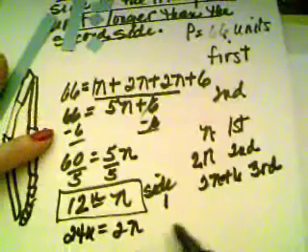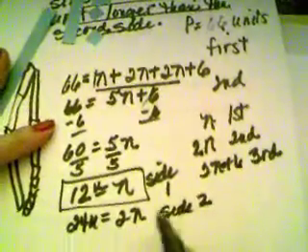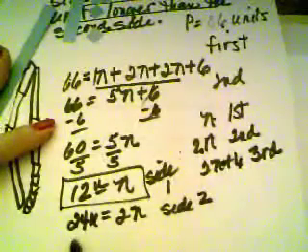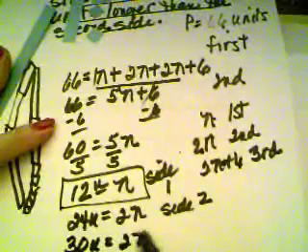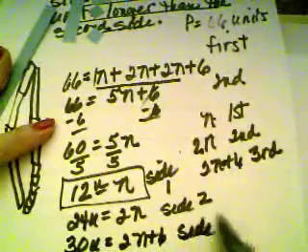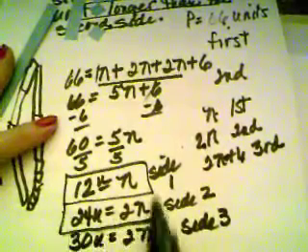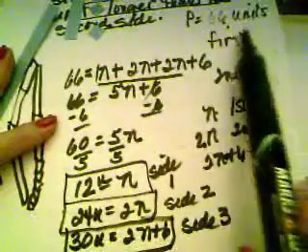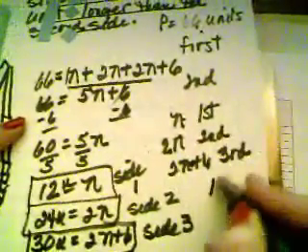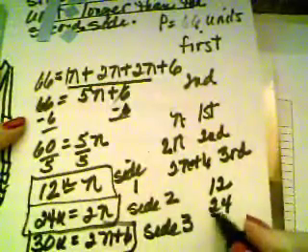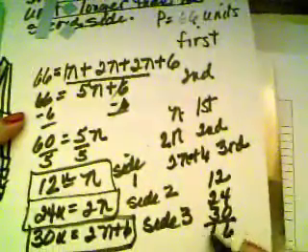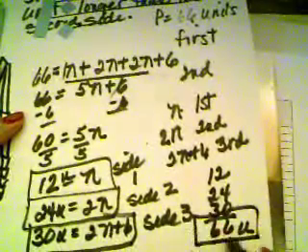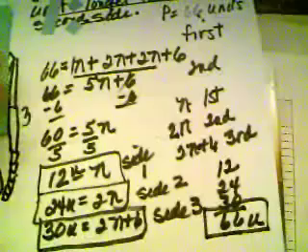And then 2n plus 6, which would be 30 units, would be side 3. Now we always want to check to make sure that those numbers add to be 66. So we'll take 12 and 24 and 30 and add those together, and we do get 66 units. So we found the correct dimensions for that triangle.